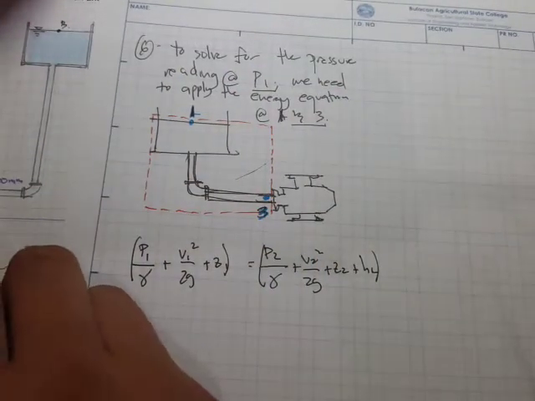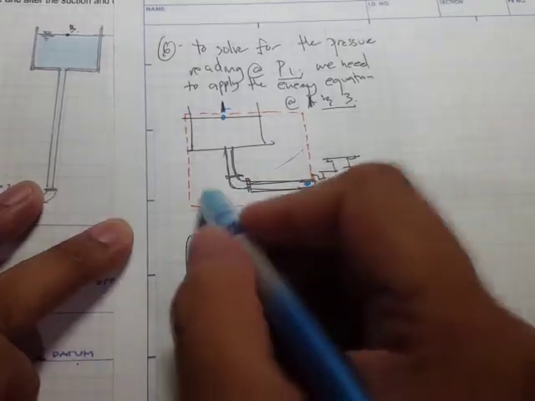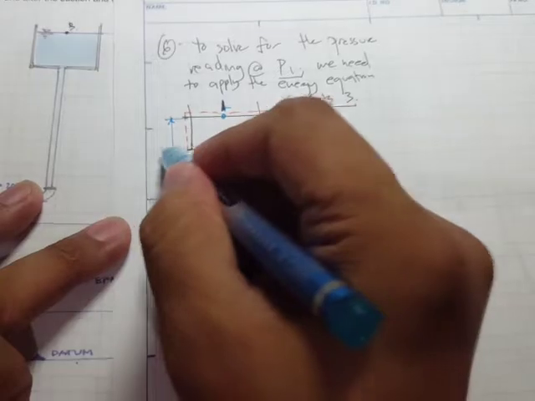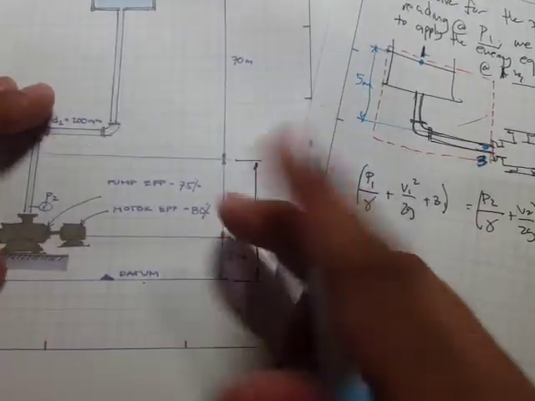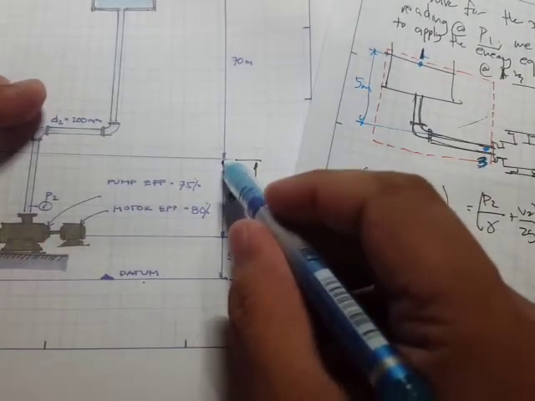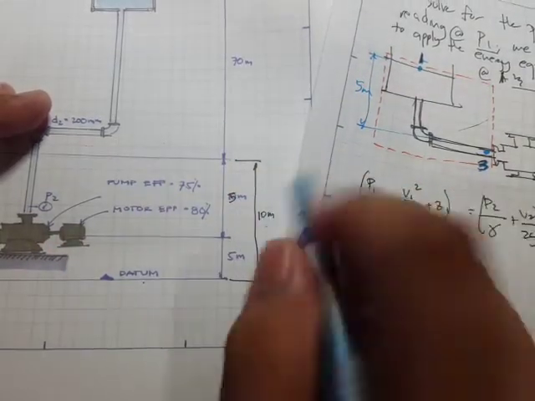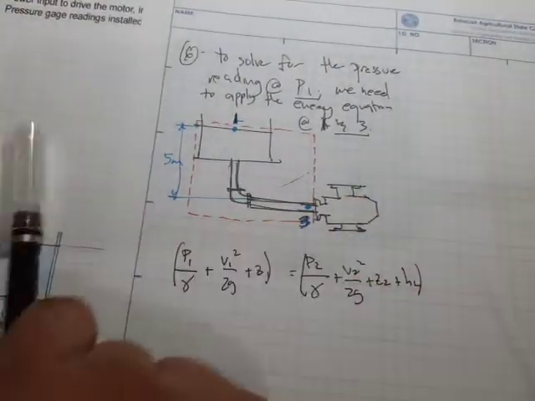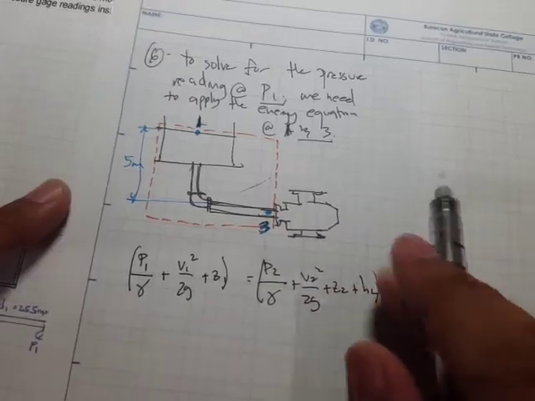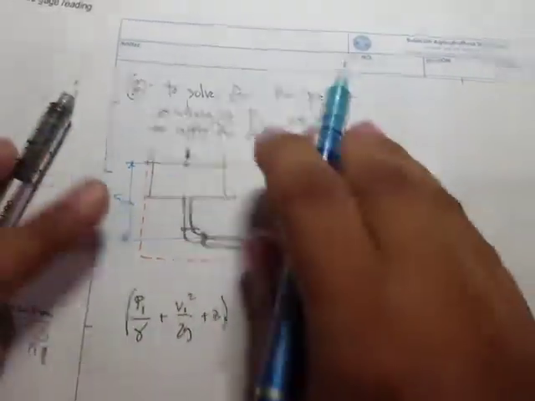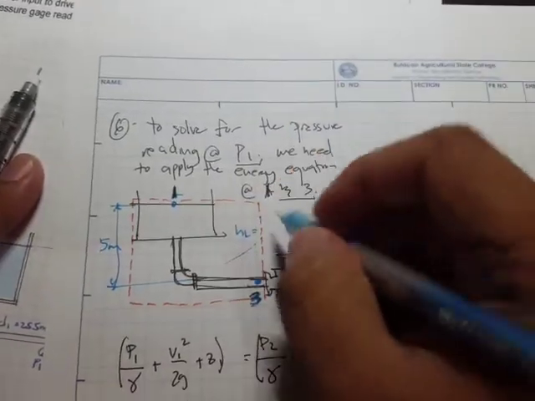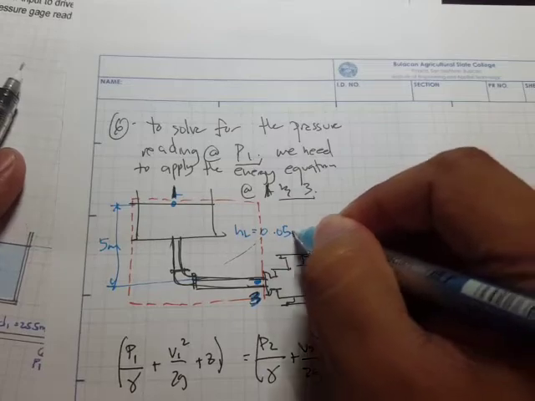Right, so that means there's no pump terms, and of course we need this elevation. This is 5 meters, because from the reference datum to the center line this is 5, and then up to this water level that's still 5, so 10 meters. So that's why right here we have 5 meters. And since we have the head loss, it says here that HL is equal to 0.05 at the suction pipe.